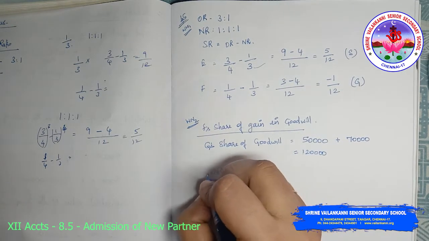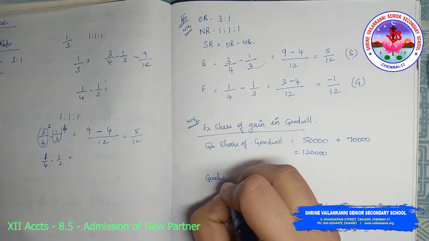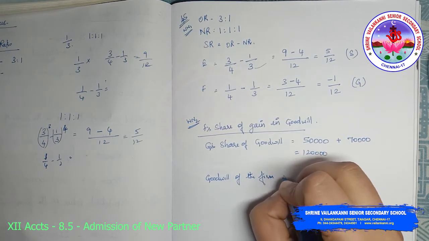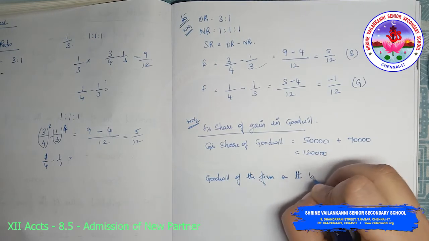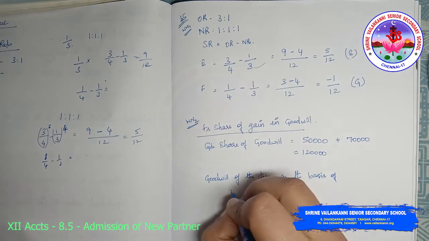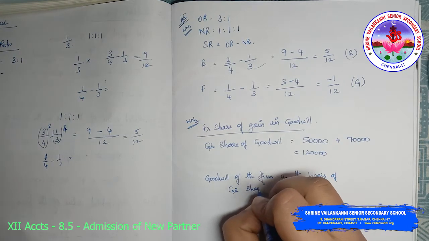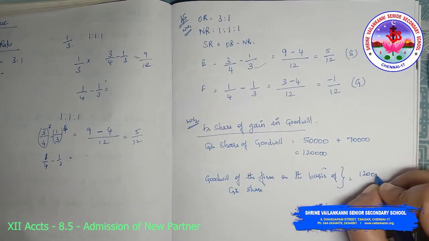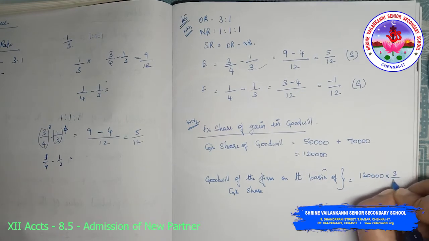Next, goodwill of the firm on the basis of G's share. It's going to be 1,20,000 into 3/1.